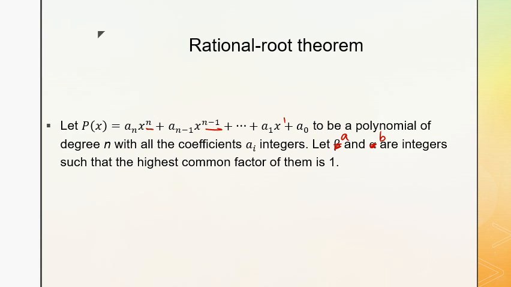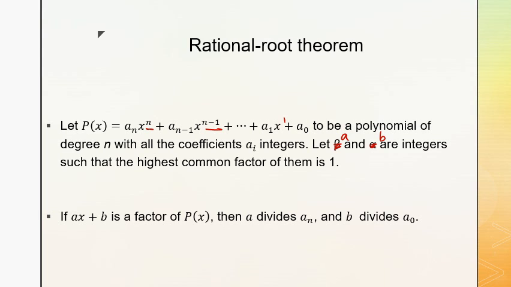These two values are going to be integers and have the highest common factor of 1. So if ax plus b is a factor of this polynomial function, then a will be a factor of your leading coefficient. Okay? And then the b value will be a factor of the constant.